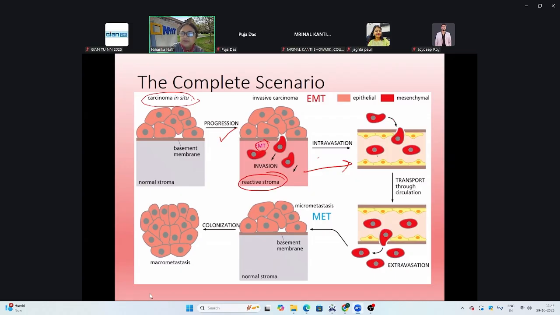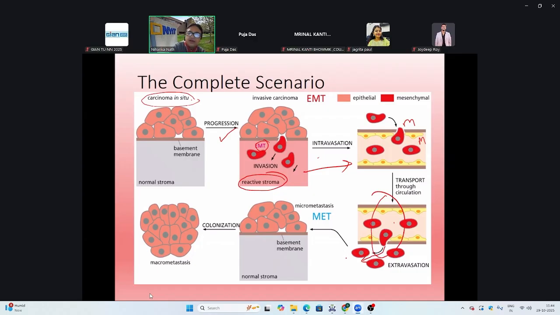Then they go into the blood vessel, so they're migrating through the blood vessel. This is the mesenchymal property. They transport into the blood vessel, and look at this. They exit the blood vessel because they can sneak out, and that's extravasation.